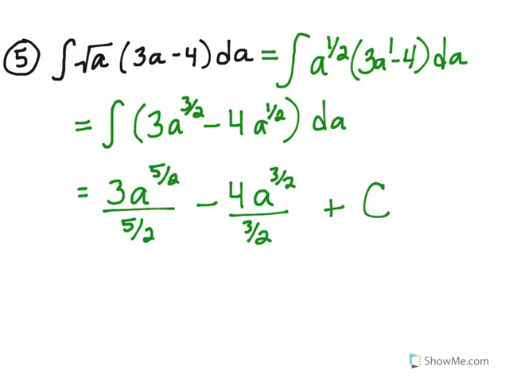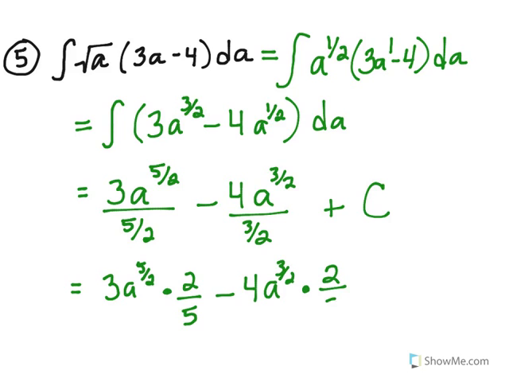So, how do you divide by a fraction again? Well, to divide by a fraction, you multiply by the reciprocal. So, this is really 3a to the 5/2 times 2/5. And that means I have minus 4a to the 3/2 times the reciprocal of 3/2, which is 2/3.